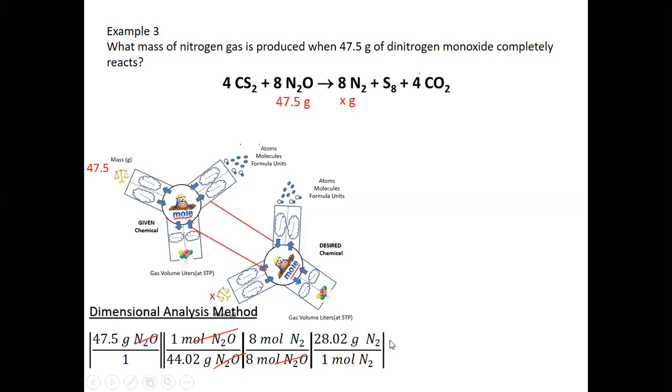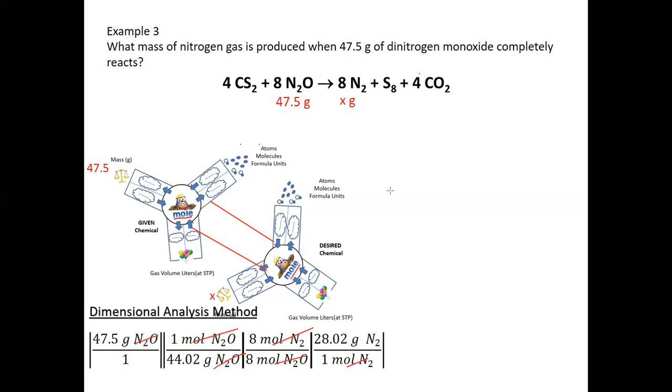The molar mass for nitrogen, the gas called nitrogen, happens to be 28.02 grams. And applying that allows us to determine the last step of this. We get rid of our mole amount, and we notice we end up with a gram amount over here, mass. Mass is where we wanted to end this particular problem.